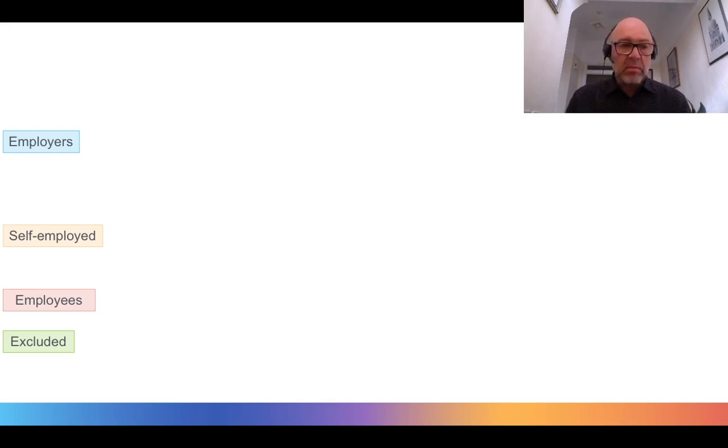Up to about 80% of people in the workforce are employees, and obviously they're not a unified class in and of themselves, so there's a way of distinguishing between them, which I'll get into.